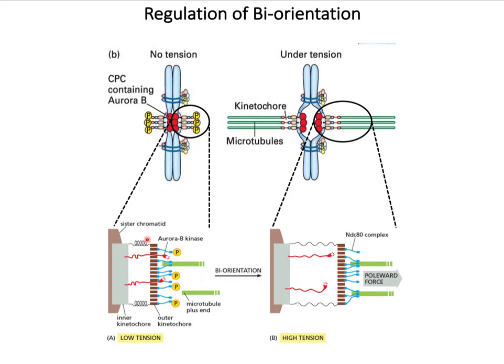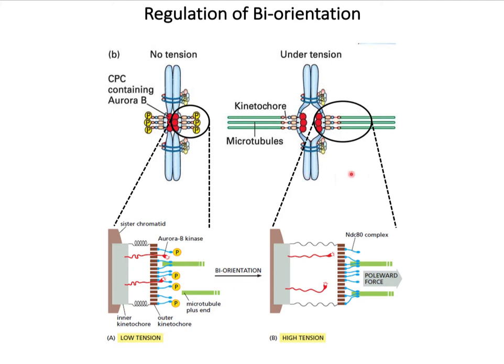So in more detail, here in the bottom figure, the Aurora B kinase is in the red and the NDC80 is in the blue, and it is phosphorylated. But when this biorientation occurs, each of the kinetochore regions on each sister chromatid is bound to the opposing microtubule, and the tension forms, and you get a change in the conformation of the chromosome, such that the kinetochore protein complexes are now pulled away from the CPC, or the chromosome passenger complex.